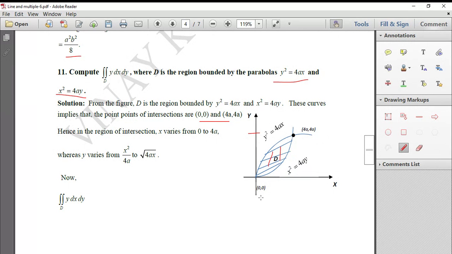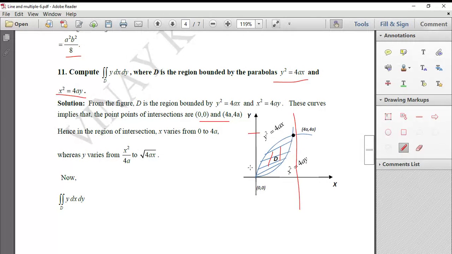Now the question is, what is the limit? Now you have to find the limit. As I said, while finding the limits of two variables, you have to keep one of them as the constant variable and the other one with variable limits. Now here you should note that your x varies from 0 to 4a.